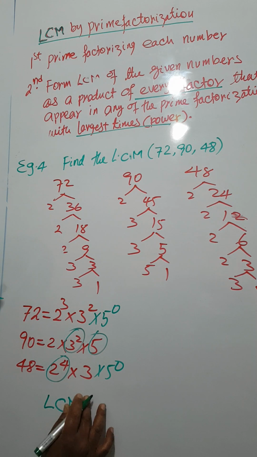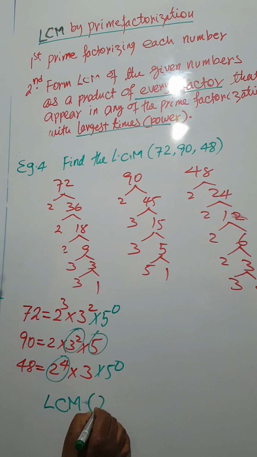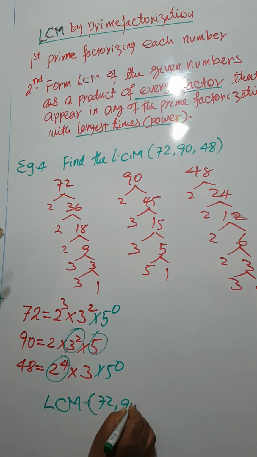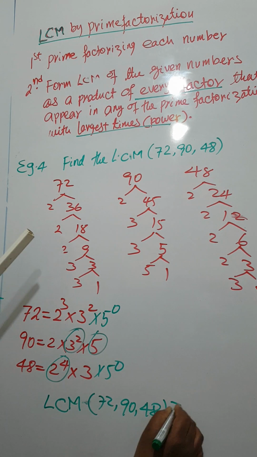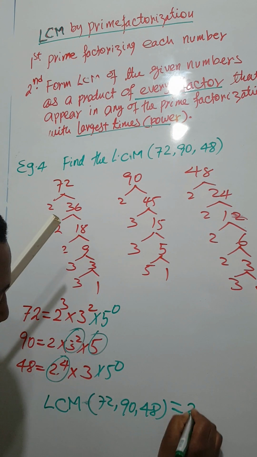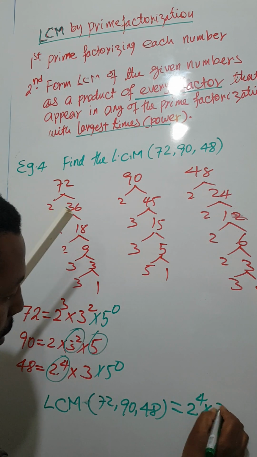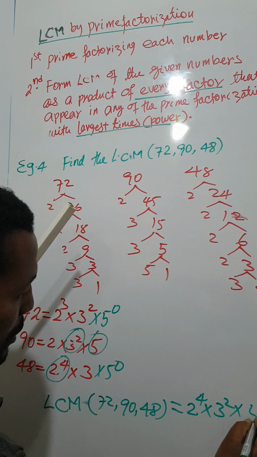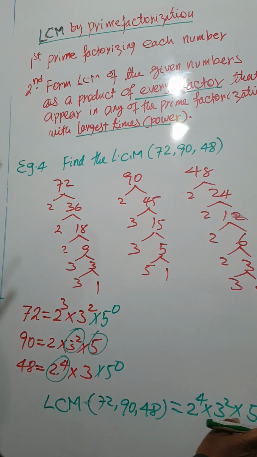the LCM of these numbers 72, 90, and 48 is equal to the product of these powerful numbers: 2 to the power of 4 times 3 to the power of 2 times 5 to the power of 1.